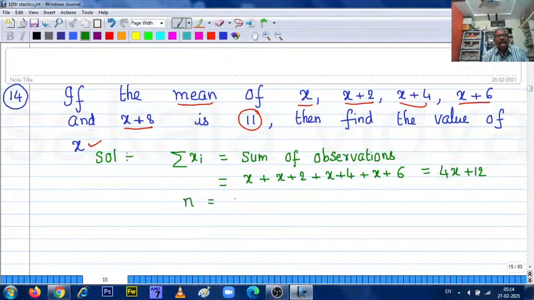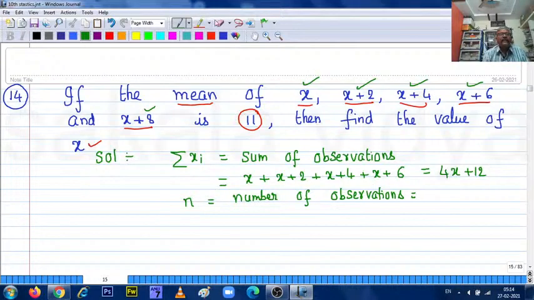N equal to the number of observations. How many observations are there here? According to the problem, number of observations is 1, 2, 3, 4, 5 observations. And I forgot, we have x plus 8 also here. One more observation we missed, x plus 8.